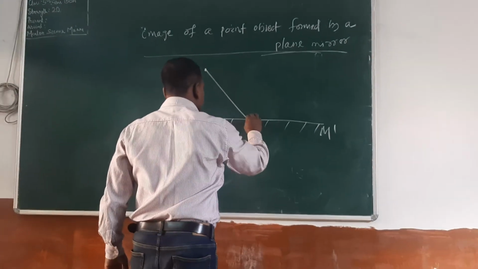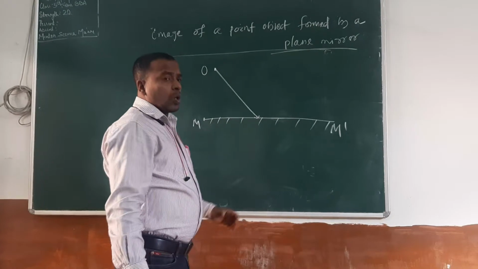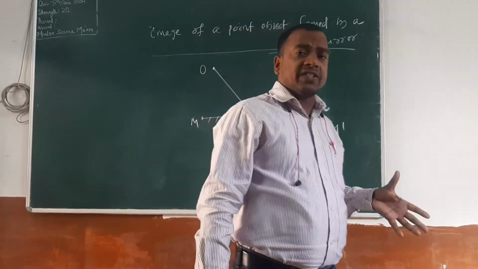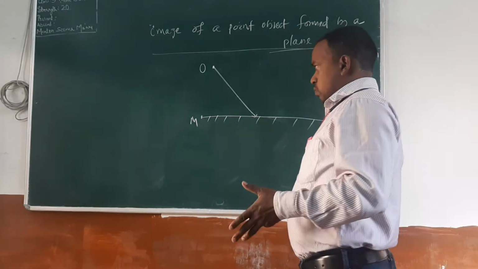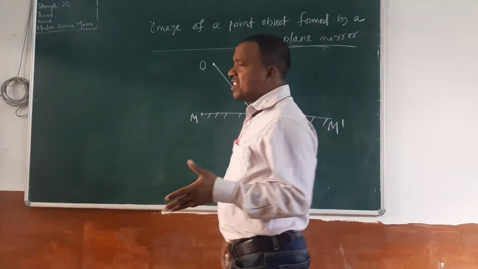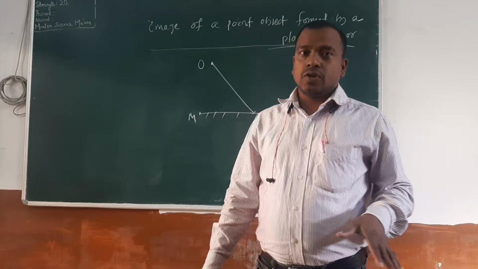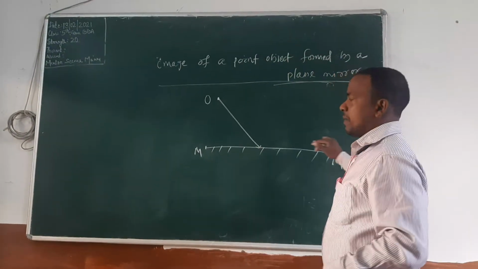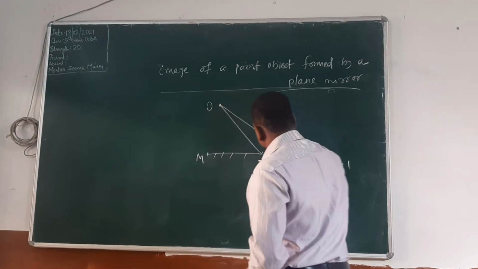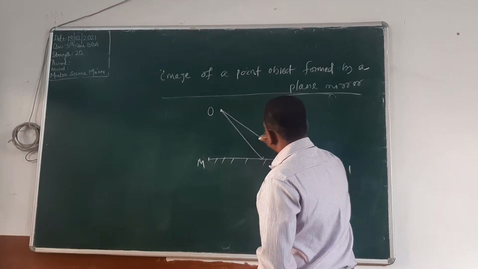Now, to know the position of the image, we have to consider a minimum of two incident rays on the reflecting surface. So these are the two incident rays.